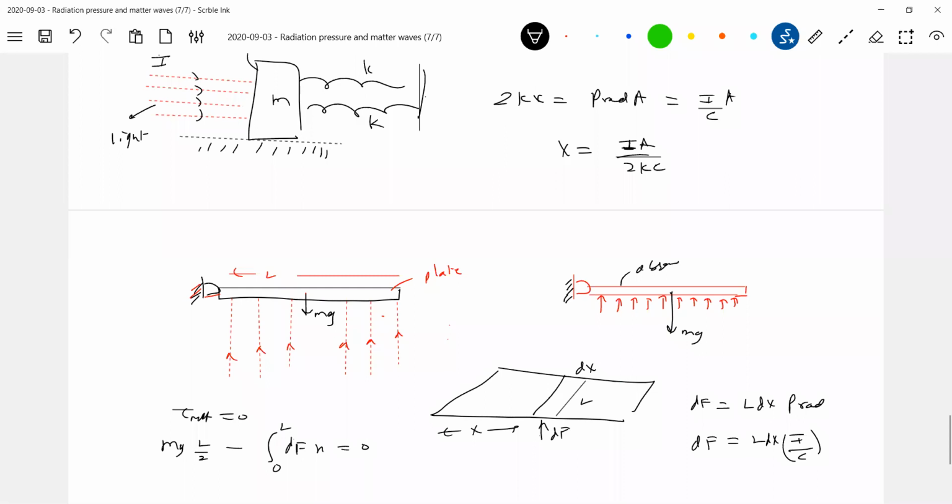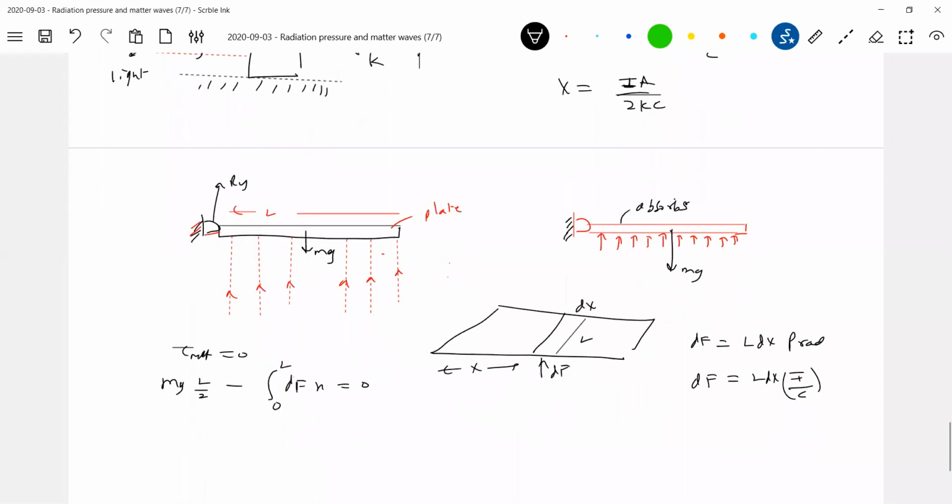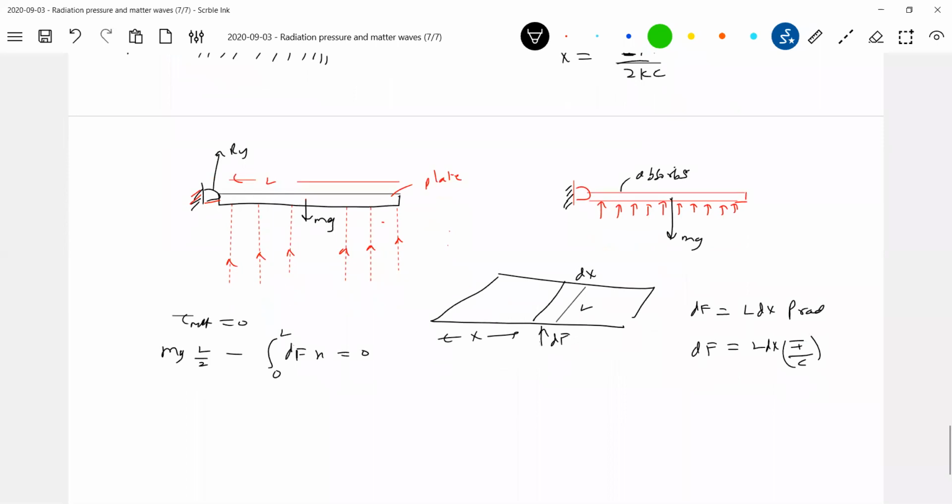The incident beam will exert a force. Due to that force, the body will accelerate, the body will retard, the body will rotate also. The body can keep rotational equilibrium. He may ask you what is the reaction at that point. Calculate the total force. Here the reaction Ry also will come. Then Ry plus F perpendicular should be equal to mg. Just the force should not be equal to mg.